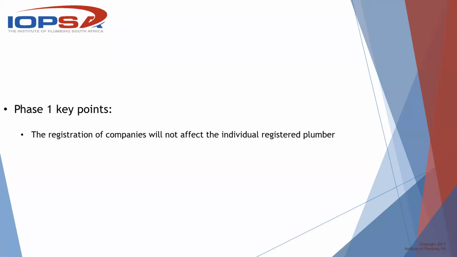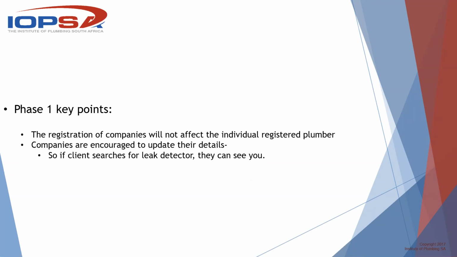It's an added layer of searchability, if I can put it that way. So the registration of companies in no way will affect the individual registered plumber. Nothing changes for myself, for yourself. Nothing changes. It is exactly the same experience you as a registered plumber have with PIRB as you've always had.